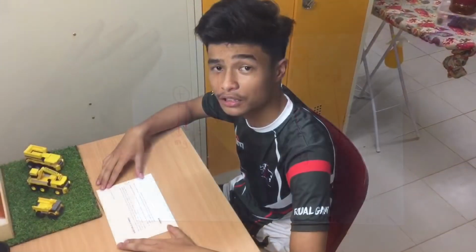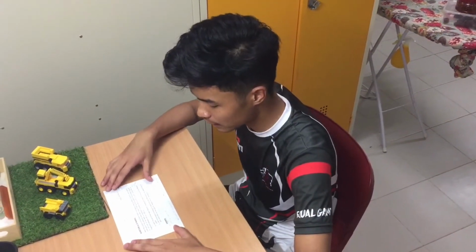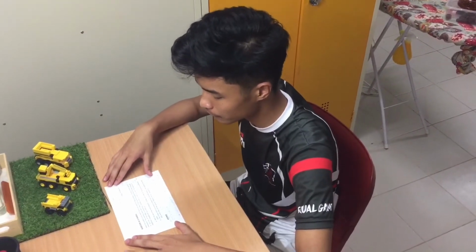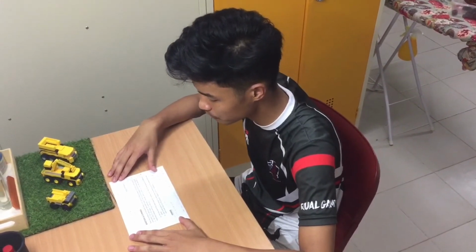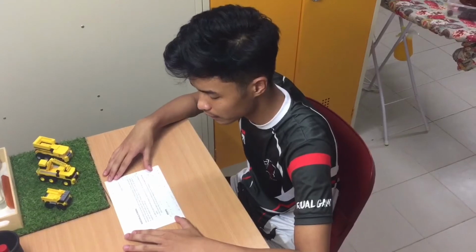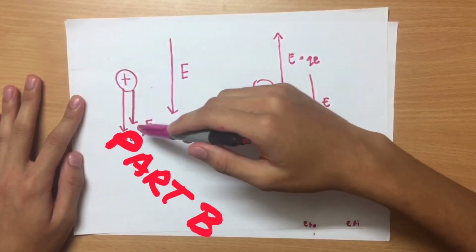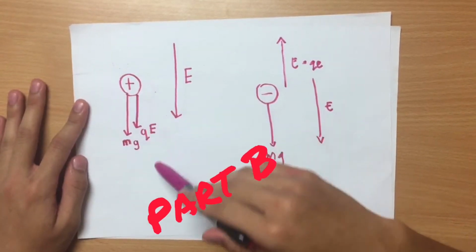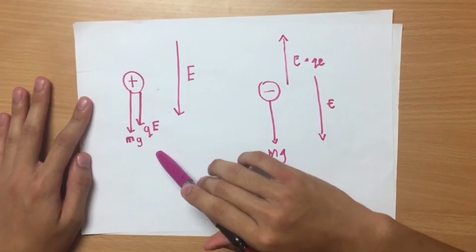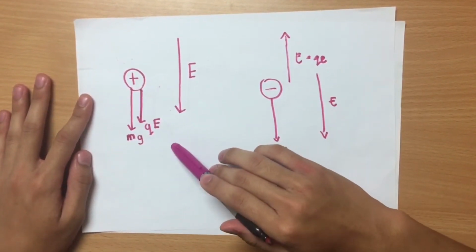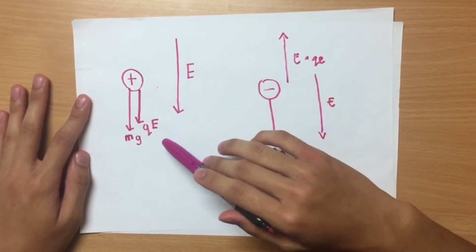Okay, now I will answer question B, which asks us to use the conservation of energy to determine the difference in the speed of the two balls when they hit the ground. Neglect the air resistance. For the positive charge, it experiences a downward force due to the electric field, and it falls down. The electric potential also will decrease.